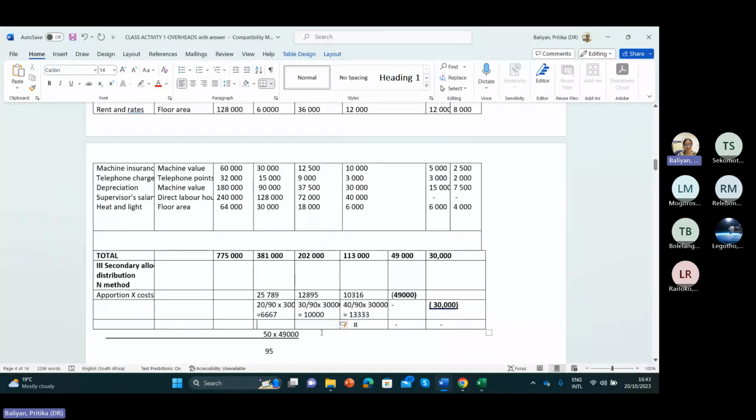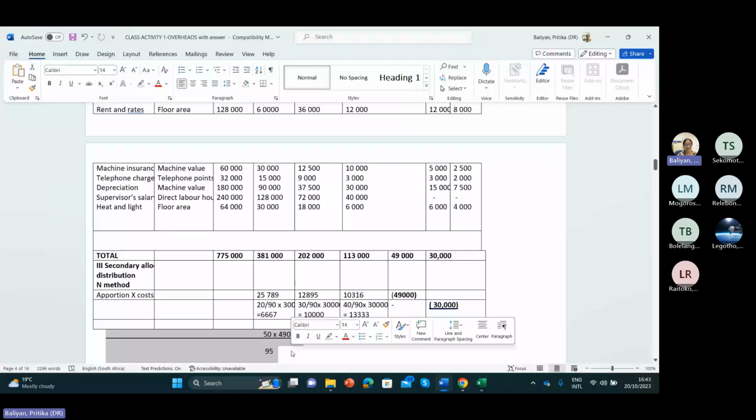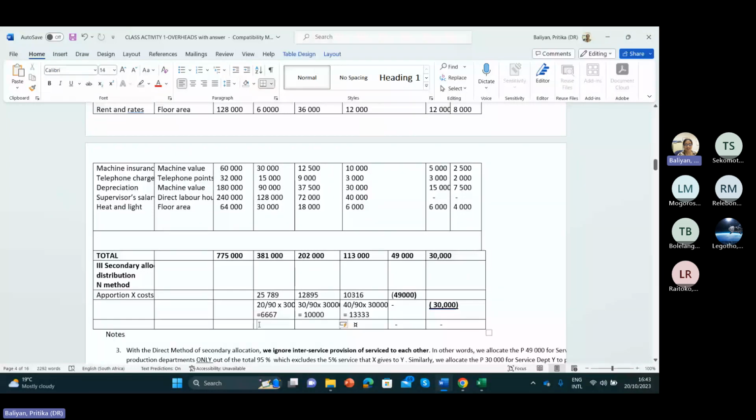Now we need to find out the total. I'm removing this part. So now we need to find out how much the total of cost is in department A and B. So when you are doing the total, you will start from here. This plus the portion from the X and Y. So 381,000 plus 25,789 plus 6,667.